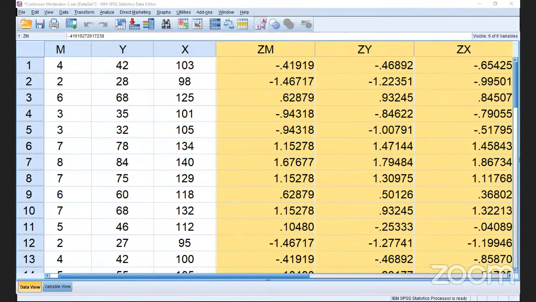We are not taking the constant into consideration. There is no meaning of the constant here. The main purpose is to check the significant relationship of the regression coefficients, meaning B1, B2, B3. So we are not taking the constant value.